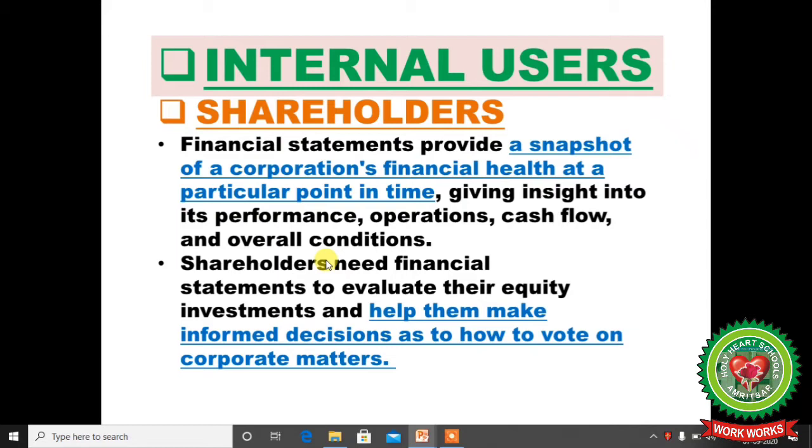The company uses the money of the shareholders. Shareholders are interested in the company's financial position because they want good returns and good dividends in future. They also want to know whether the company is using the shareholders' money properly or not, and to make informed decisions on how to vote on corporate matters.